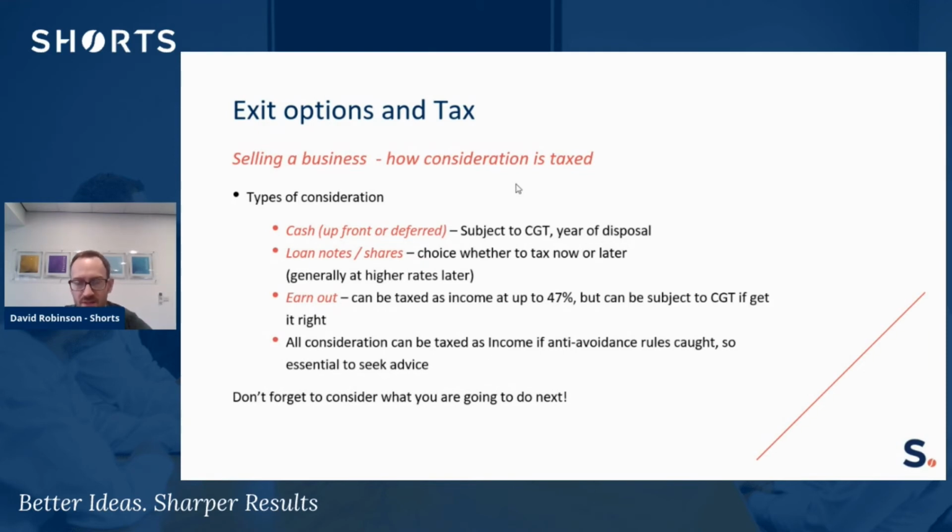They're all taxed slightly differently. I think the key message there is that if you are thinking about selling your business and you get offers for the business, it's important to take tax advice, because one offer might be cash, one offer might be an earn-out with cash, and they're taxed slightly differently. So you want to try and compare apples with apples.